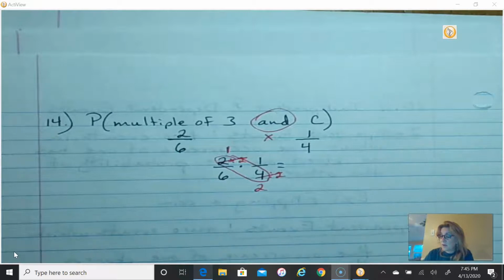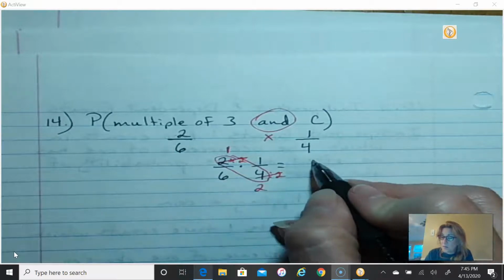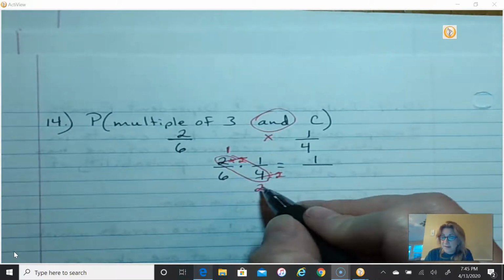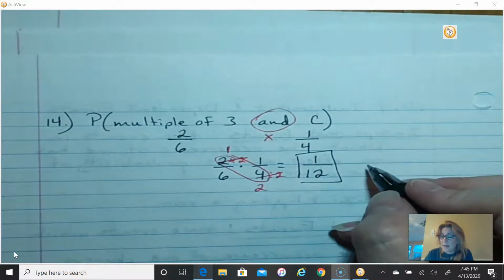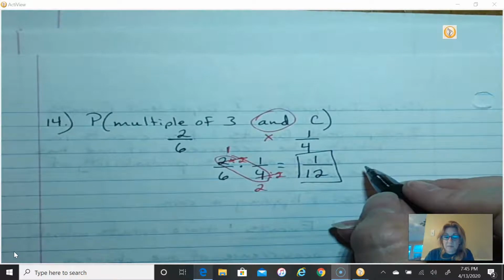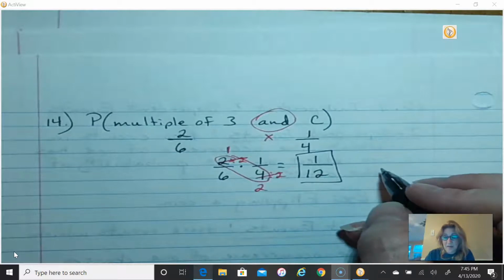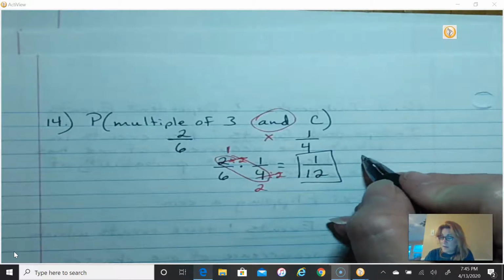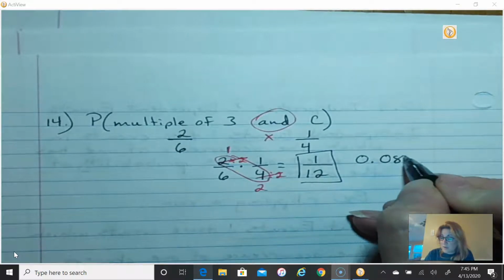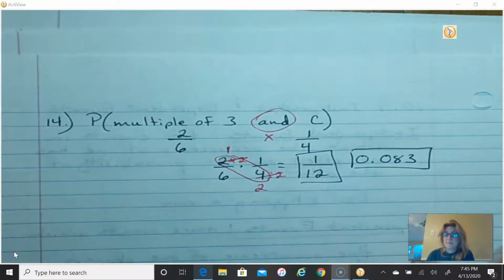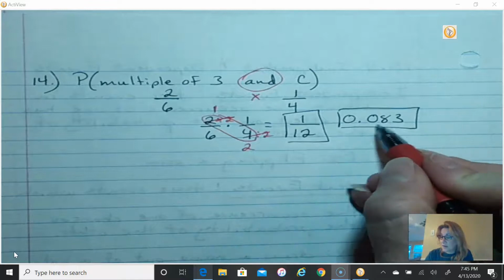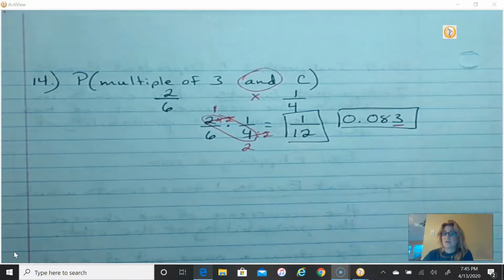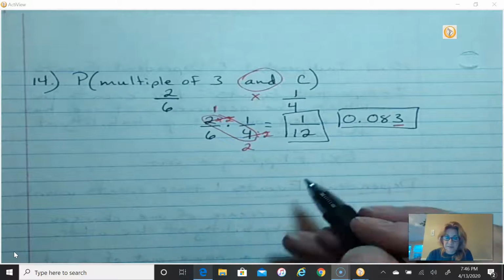Now we multiply across. 1 times 1 is 1. 6 times 2 is 12. And the decimal is said to round to the nearest thousandths place. I'm just going to tell you what your answer is to save on time. Okay, remember thousandths place is right here: tenths, hundredths, thousandths, so make sure you round it to the nearest thousandths.